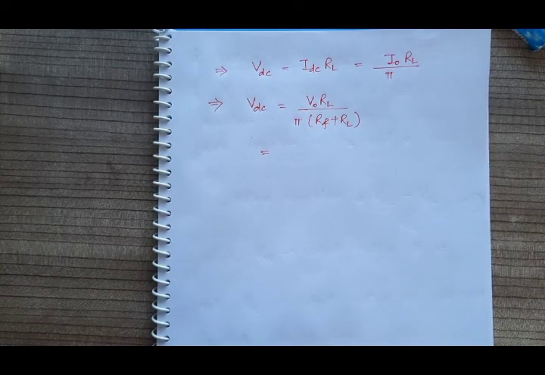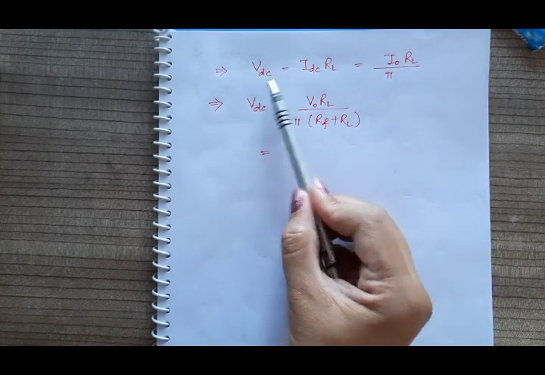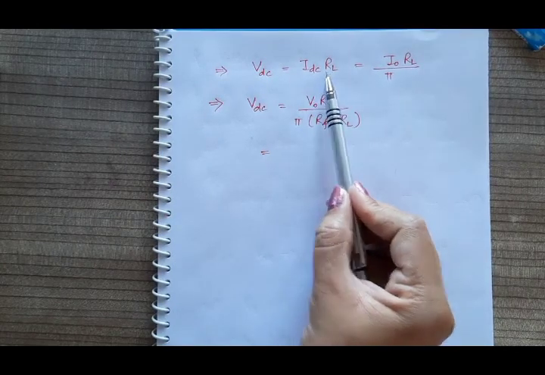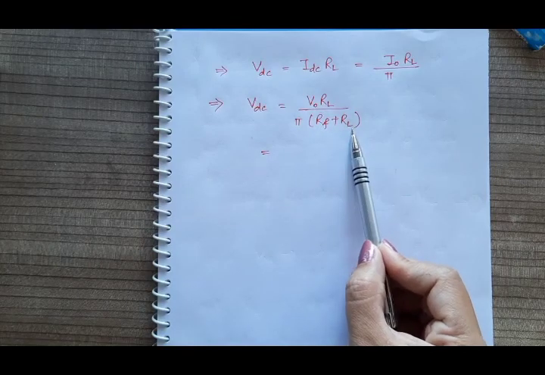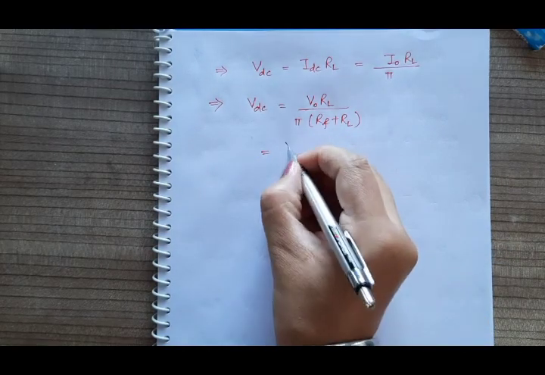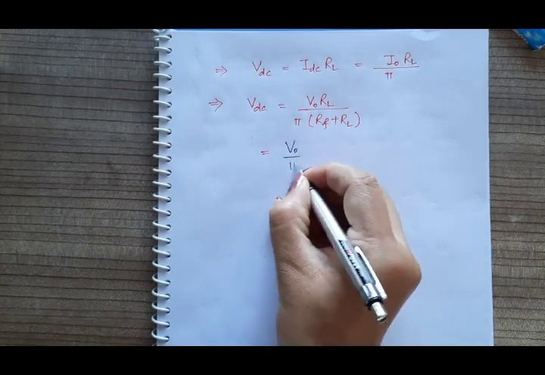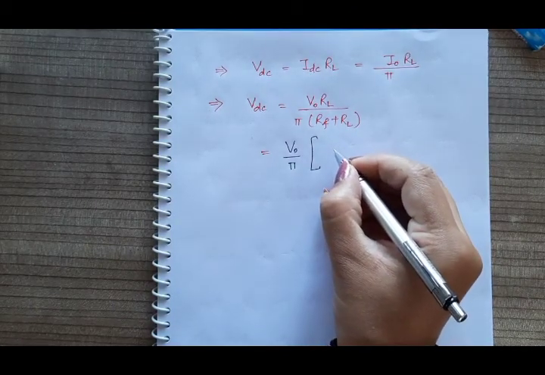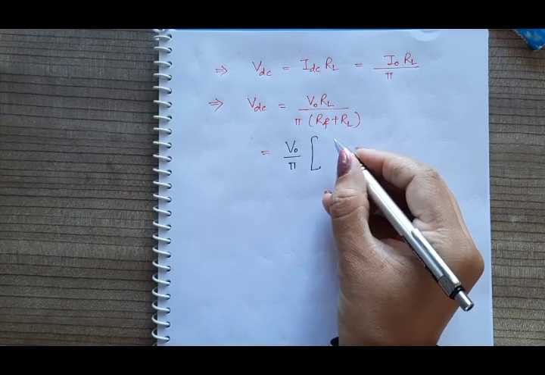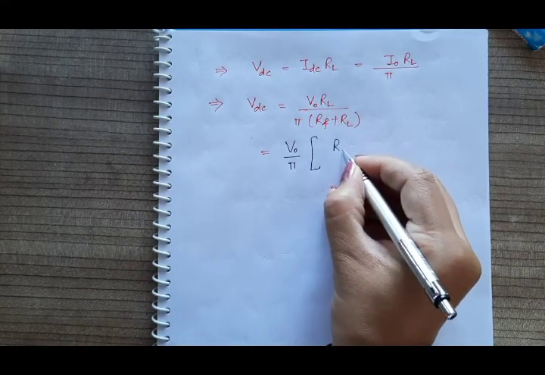So for voltage at full load, we know that again output voltage is IDC by RL. IDC is I0 by pi. I0 is V0 by RF plus RL. Now we have this V0 by pi into RL, add and subtract RF in the numerator.